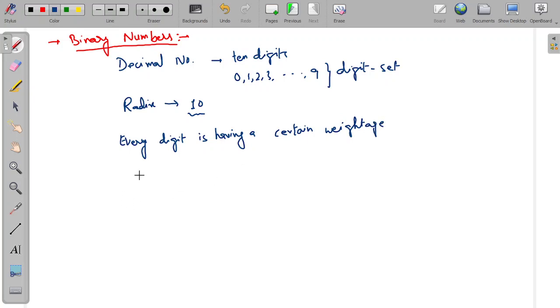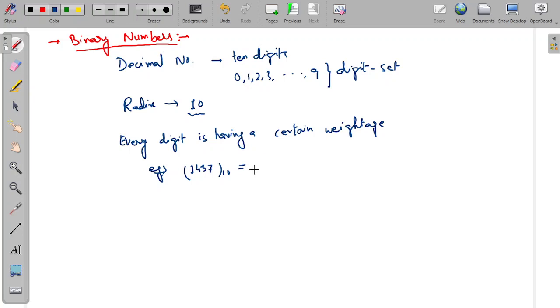For example, if the number is 1437 in decimal, the subscript 10 denotes its base, that this is a number system having base 10, which is the decimal number 1437.